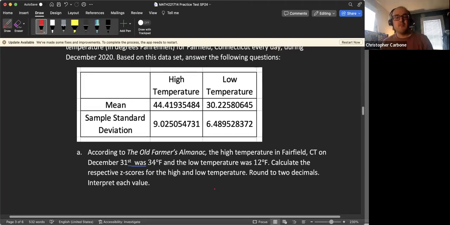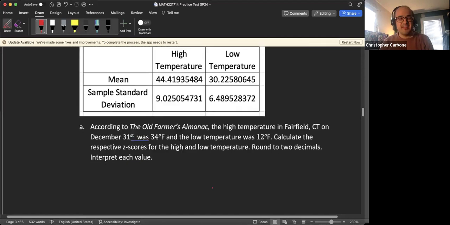Based on these values, we want to calculate the respective z-scores for the high and low temperature, rounded to 2 decimal places, and interpret them, with no units because there are none for this one.